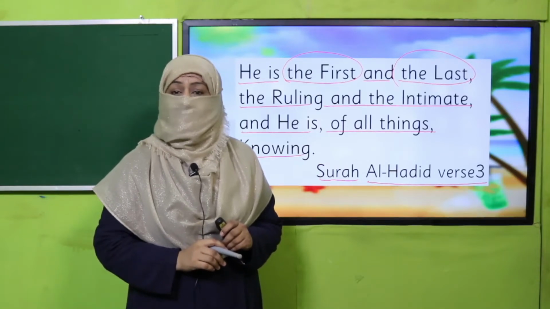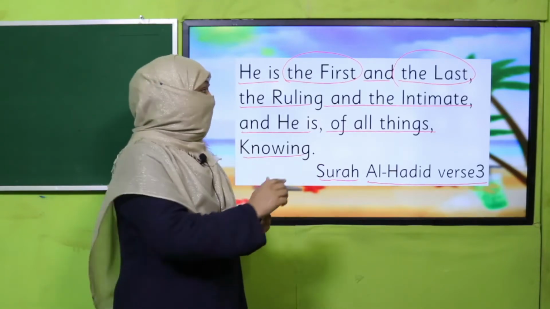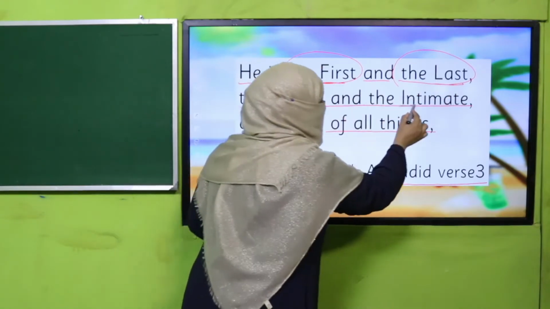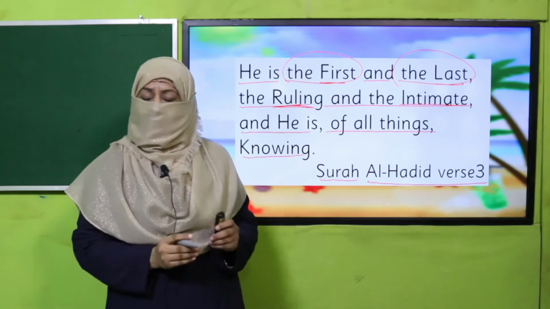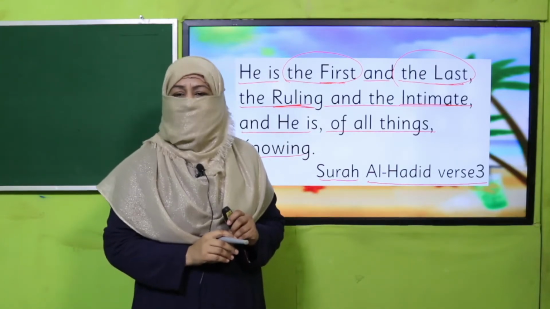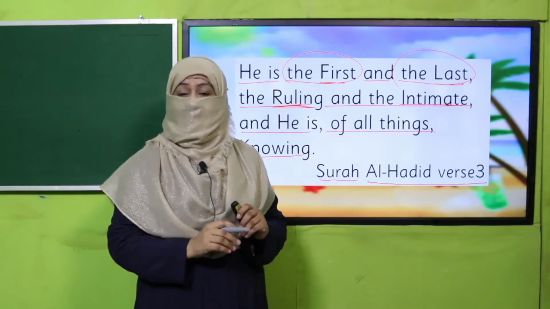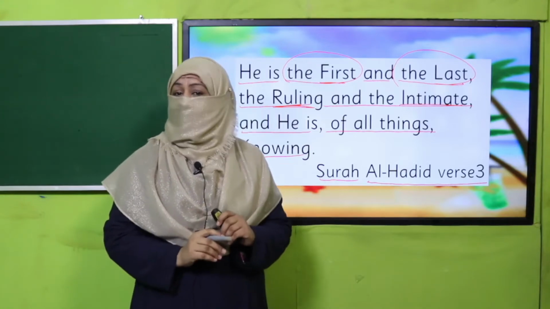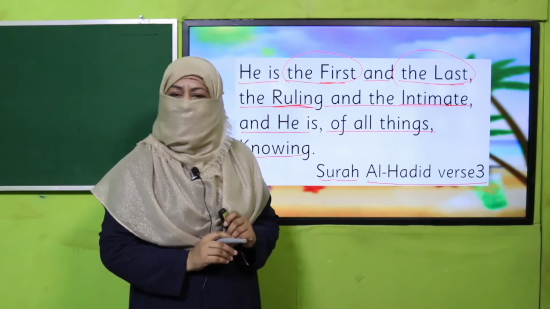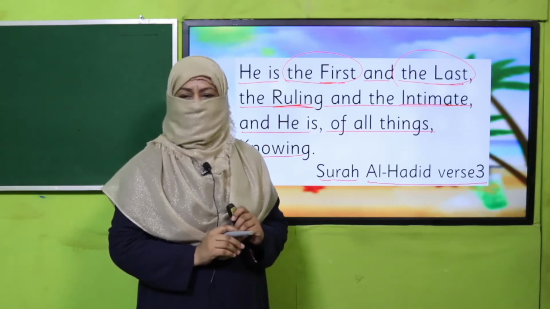This is telling us about Allah subhanahu wa ta'ala. He is the first, the last, the ruling and intimate of everything, and Allah knows everything. So beta, these are the attributes of Allah subhanahu wa ta'ala. That's why whatever we start, we should start with the name of Allah subhanahu wa ta'ala, and whatever we end, we should end it with the name of Allah subhanahu wa ta'ala.